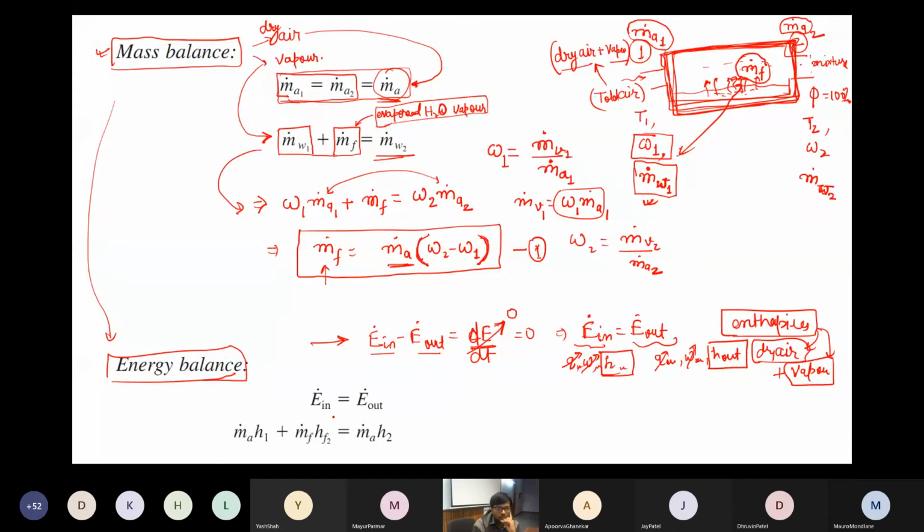Now, what is my H in? The in is happening at state one. So we can write m dot a times h1 as the energy that is coming in.